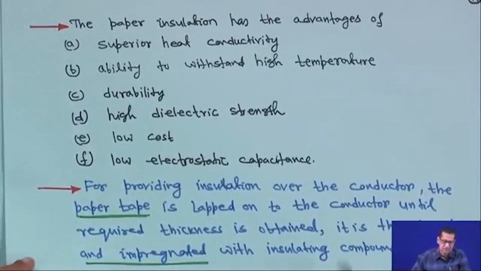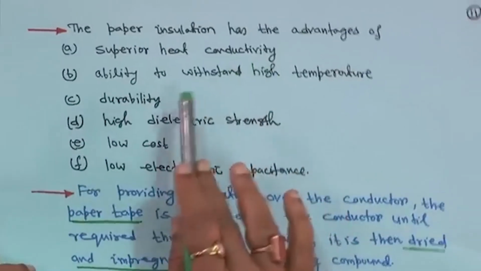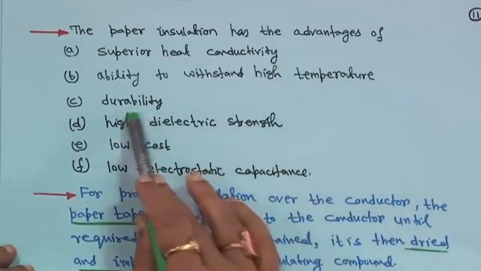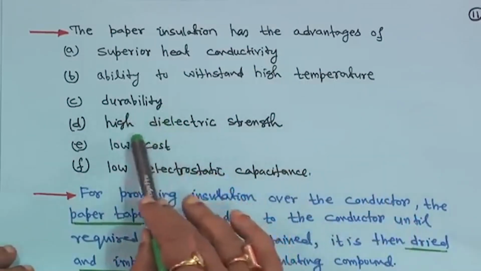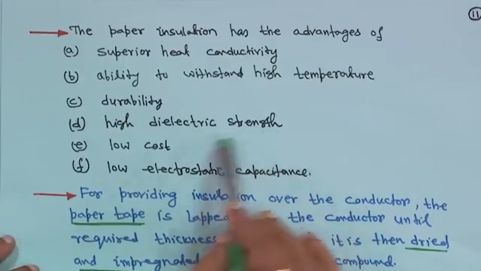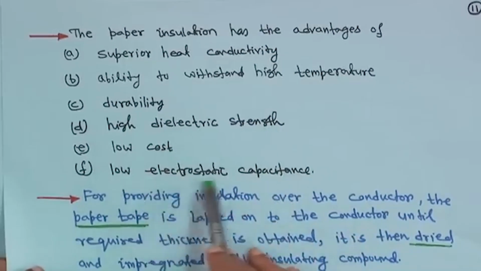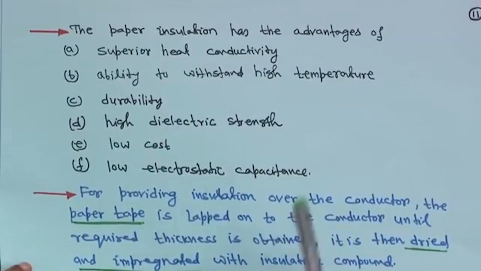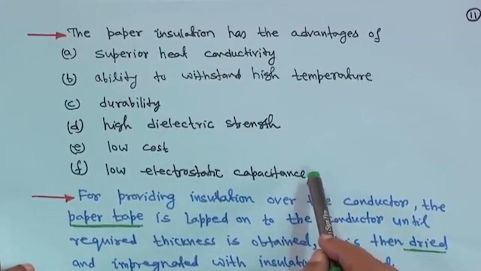has the advantages of superior heat conductivity, ability to withstand high temperature, durability, high dielectric strength, low cost and low electrostatic capacitance. So, these are the advantages of paper insulation, right.